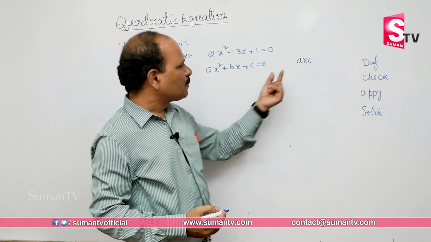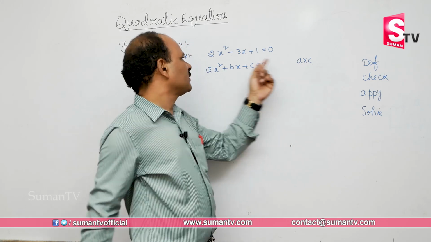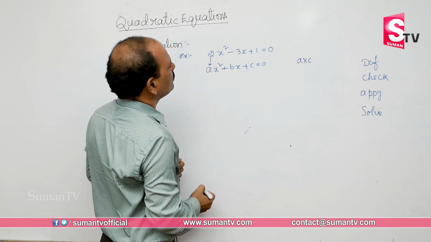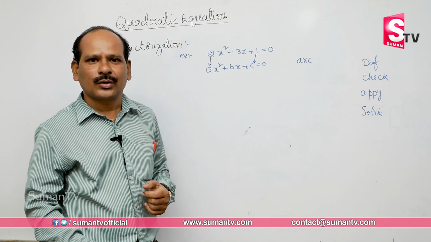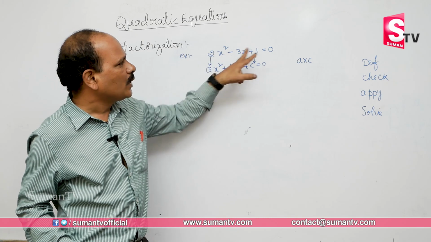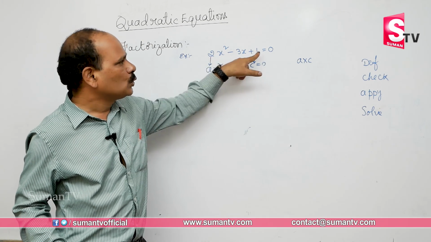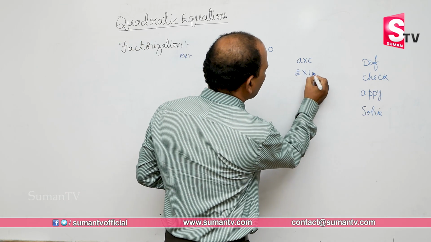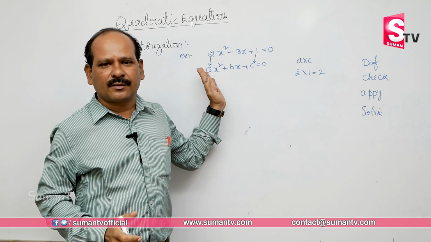In this example, a is 2 and the constant is 1. In the first step I have to multiply this 2 and 1, because a and c I have to multiply. The product of 2 and 1 is equal to 2. This is the first step to solve by the factorization method.